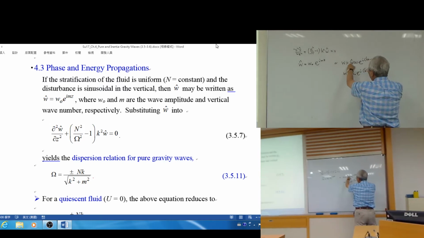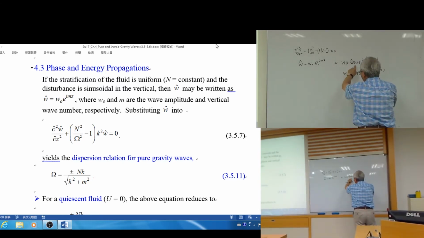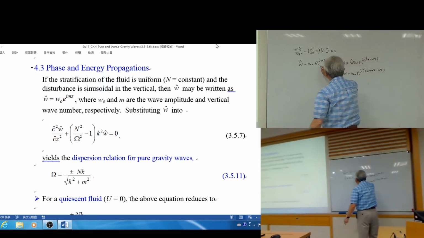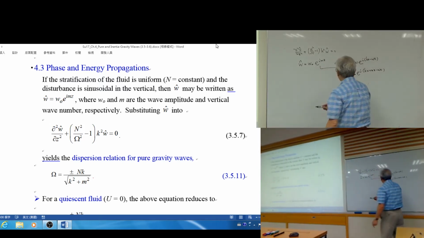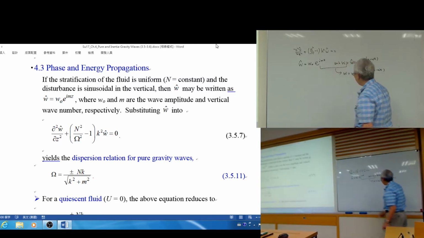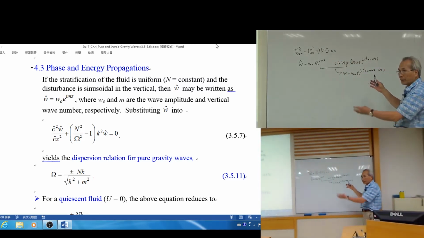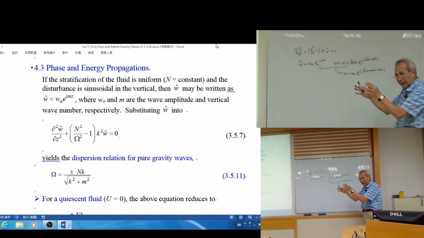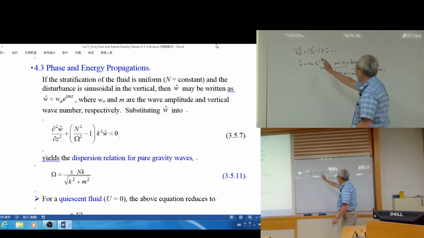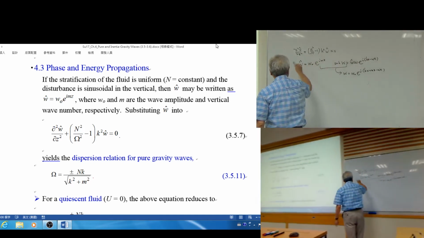We just use two steps, because these two together will give us this. Obviously it is m. We just do two steps. You can do one step, just put this into there, and get the same solution.